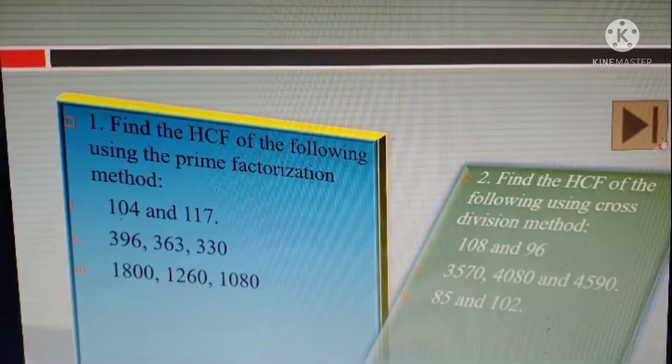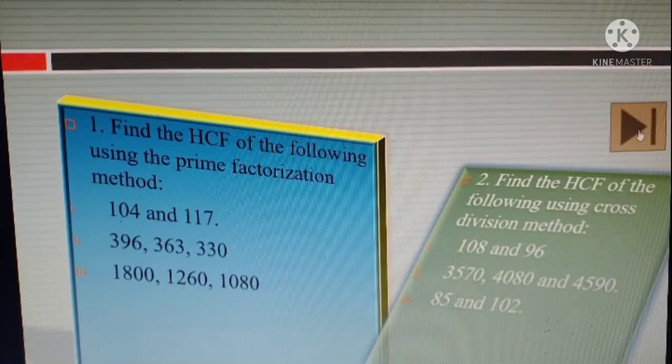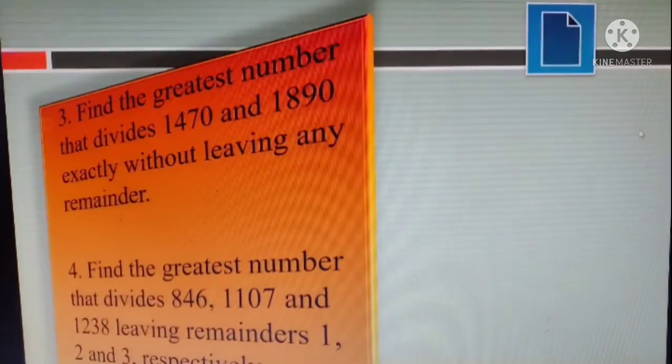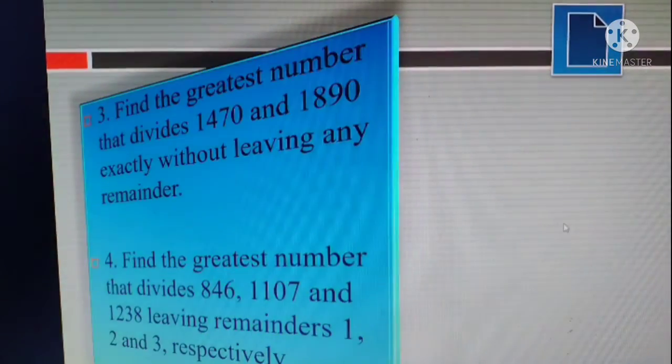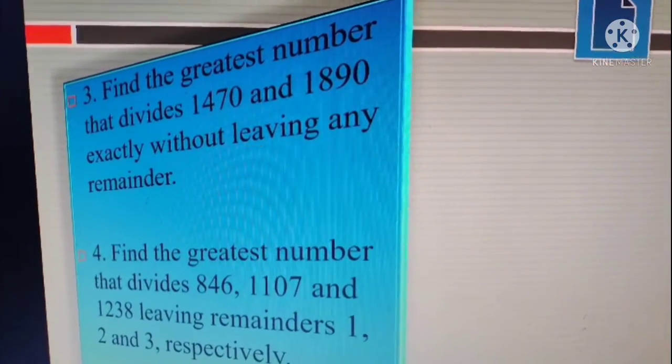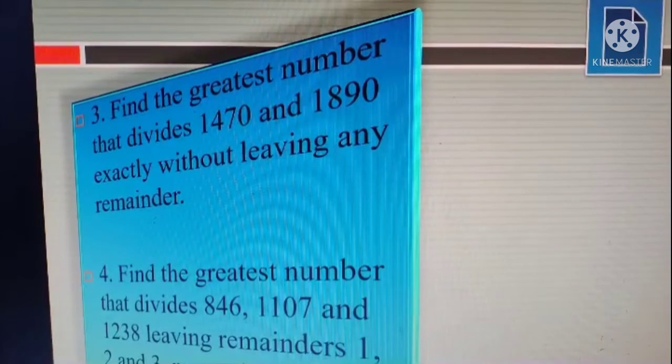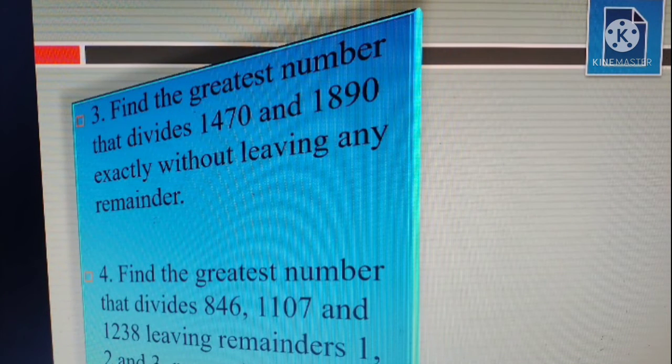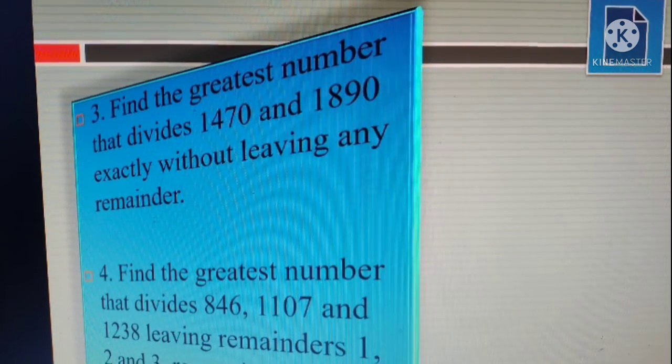See the third question. Find the greatest number that divides 1470 and 1890 exactly without leaving any remainder.